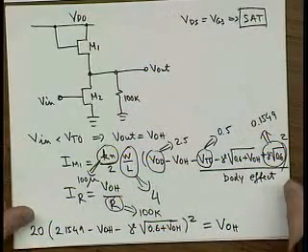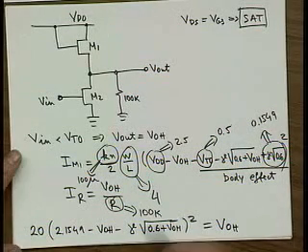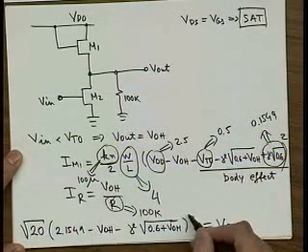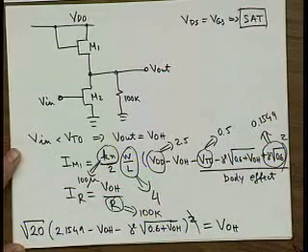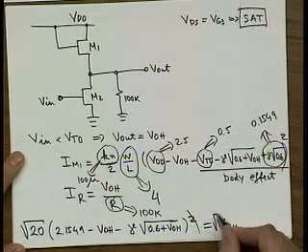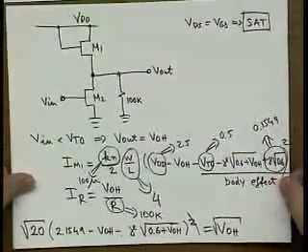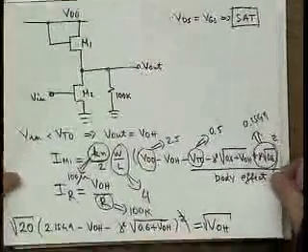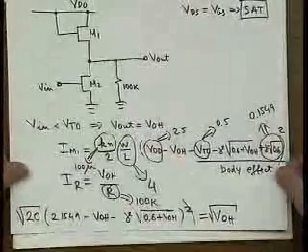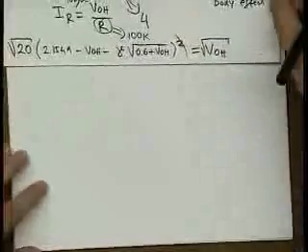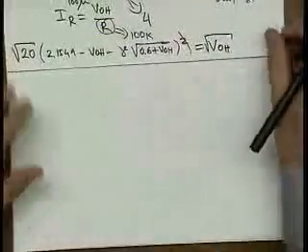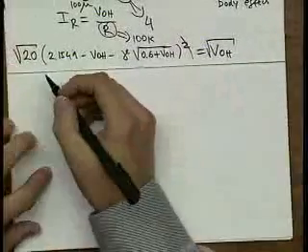Okay, so you now take a square root of this, and you take this guy out, square root VOH. And then I'll just put it here so I can continue with the derivation.